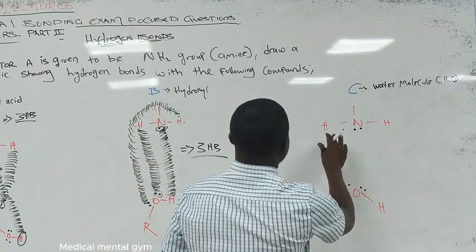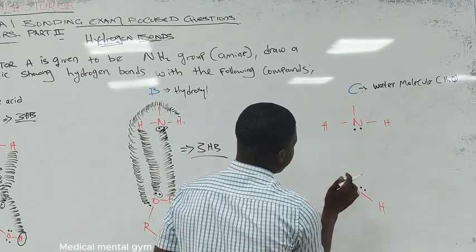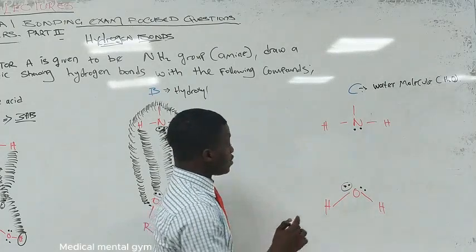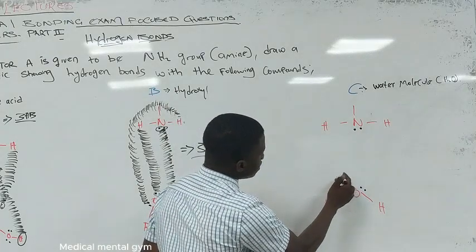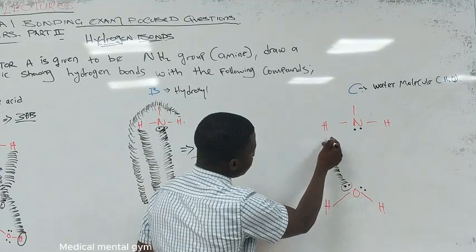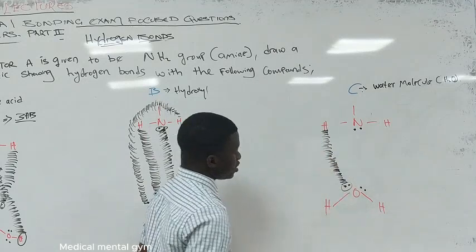So this hydrogen present in this amine is able to form a hydrogen bond with this oxygen's lone pairs. So a hydrogen bond can emerge between this hydrogen and this oxygen. So this is our first hydrogen bond.